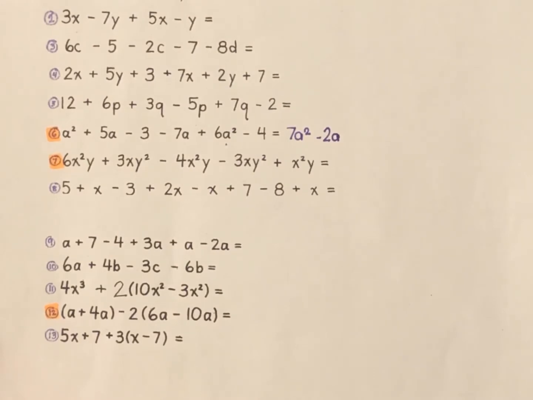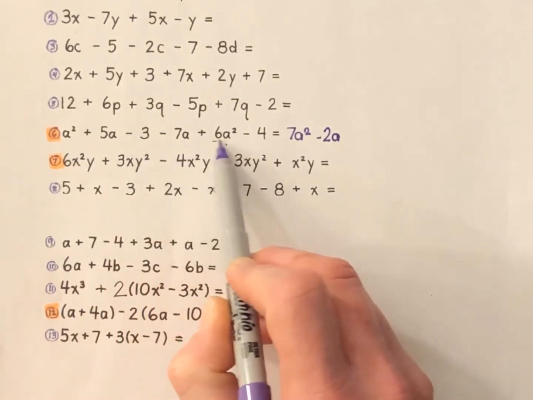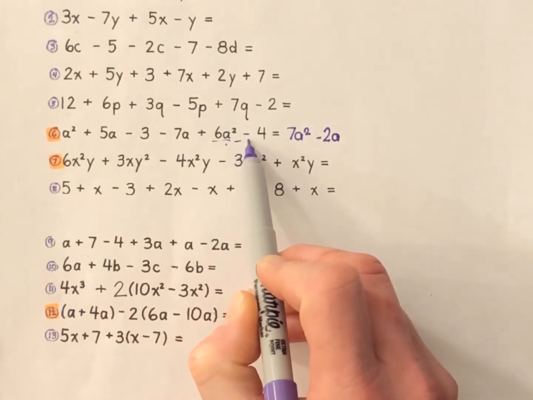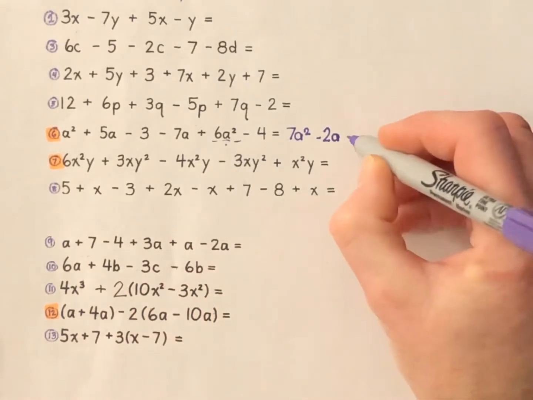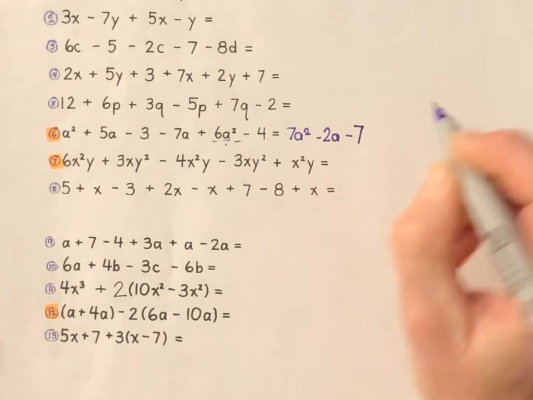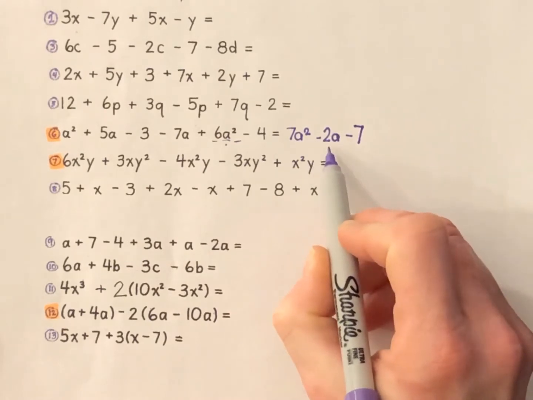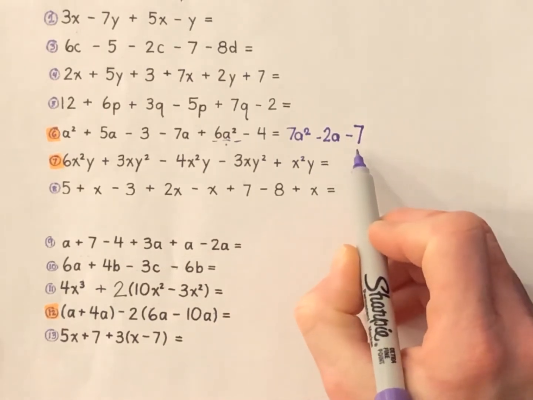Finally, our constant: negative 3, negative 4, negative 7. 7a squared minus 2a minus 7.